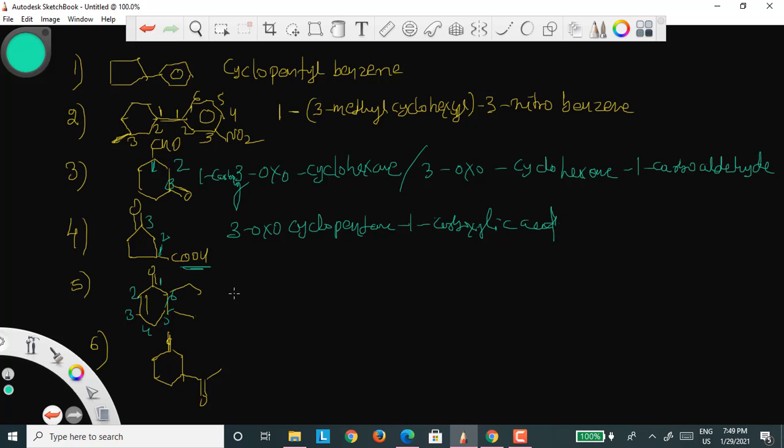So it should start from 6-ethyl, 5-methyl, cyclohex-2-en-1-one. Why? Because one ketone is there, and 2-ene is there. So you should keep their numbers and their suffix.